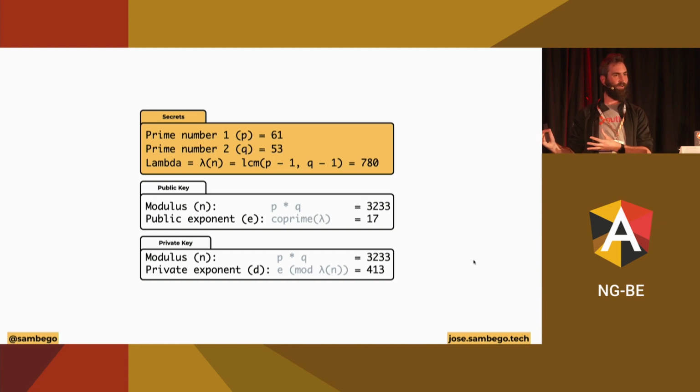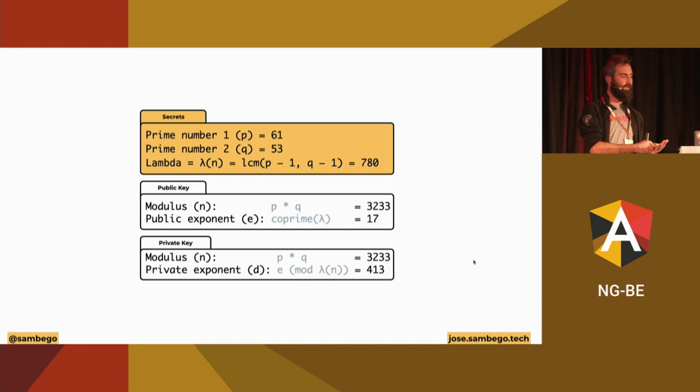So what we do with RSA is we create two prime numbers. They're usually very large. In this instance, they're very small. It's 61 and 53. And we create a lambda, which is a lambda function based on those two prime numbers. We keep those in memory, but we will use those to create both the private key and the public key. The public key will contain the modulus, which is the first prime number times the second, and the public exponent, which is a co-prime of that lambda.